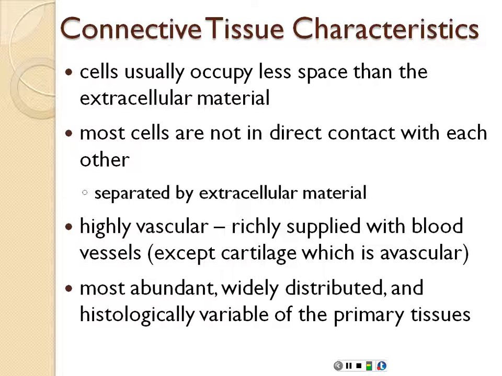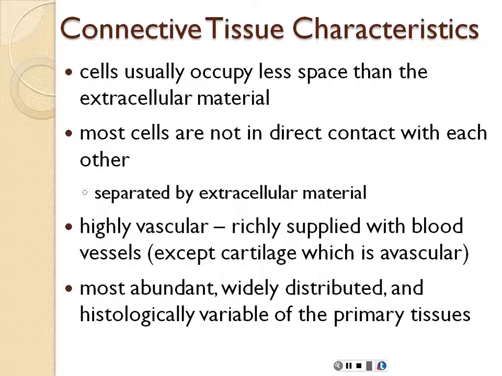So another thing about connective tissue is that most of the cells of connective tissues are not in direct contact with each other. So they're separated by the matrix. Okay? And the extracellular matrix is sometimes just referred to as extracellular material. You'll hear ECF, being the material outside of the cell.